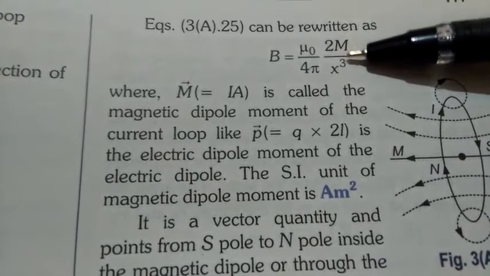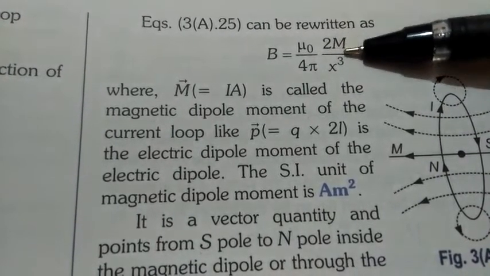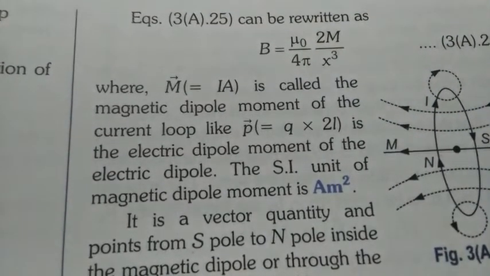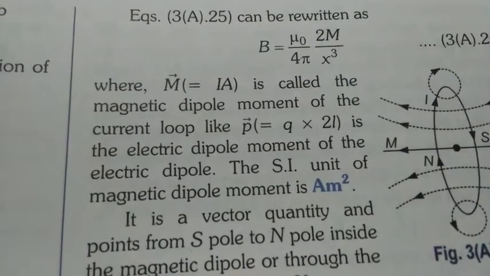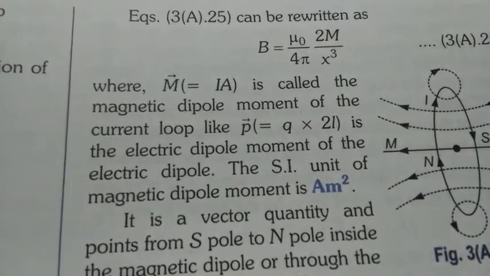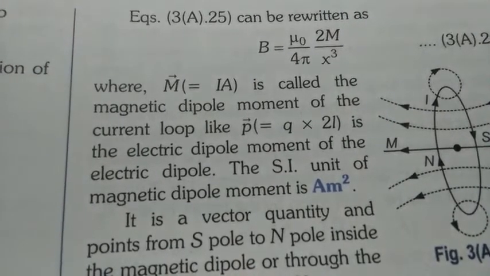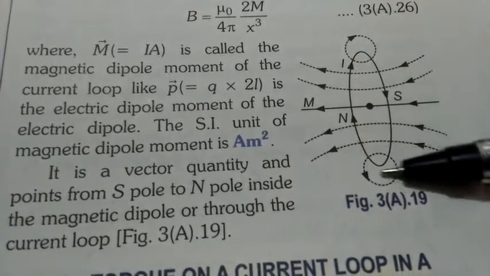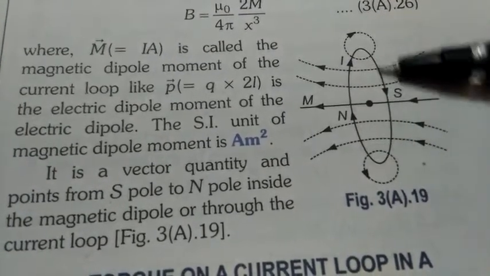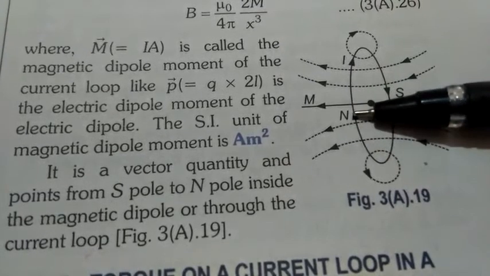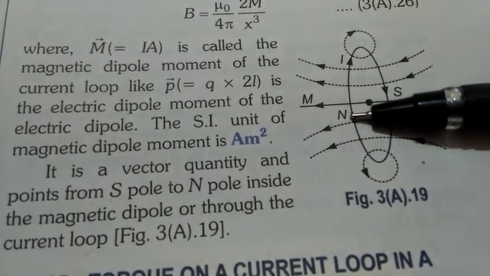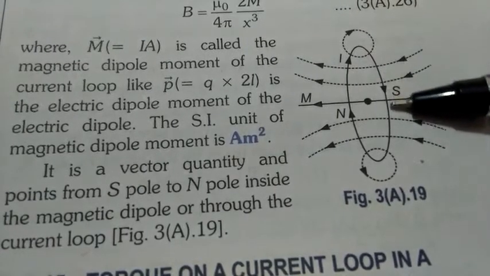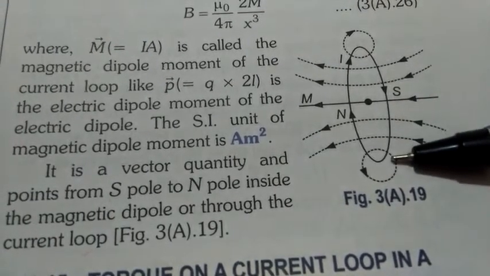In the previous equation, in place of IA, we have written M, as it shows the magnetic dipole moment. So like this, using the electric field, we have found the magnetic dipole moment, and the presence of electric and magnetic fields you can understand from this circular loop. In this loop, on one side the current goes in the upward direction, and on the other side it comes in the downward direction.